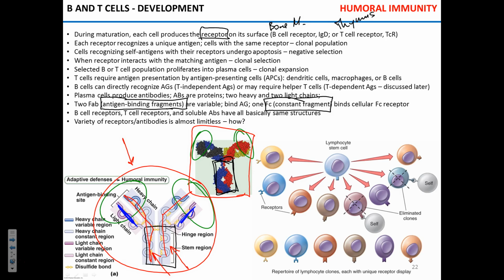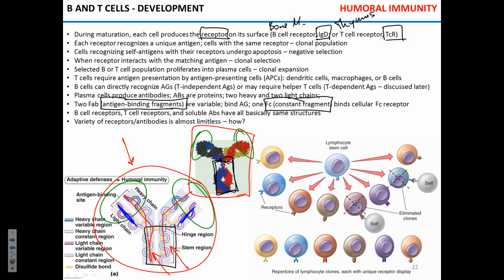On the surface of B cell, the receptor is called immunoglobulin D. On the surface of T cells, it is TCR, T cell receptor. The feature of the receptor is that each type of receptor recognizes a unique antigen.